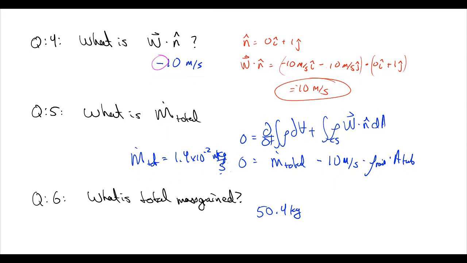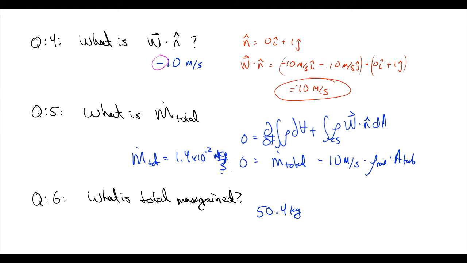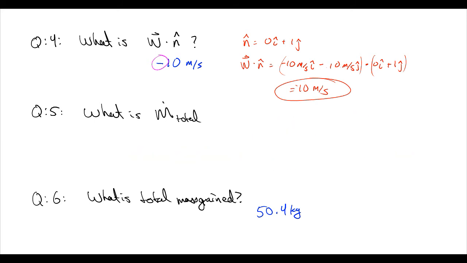What is m dot total? Well, we're going to make some assumptions here. Assume rho is equal to a constant. We're going to assume uniform flow, which is basically saying that our rain is going to have a uniform velocity as it enters our control volume.